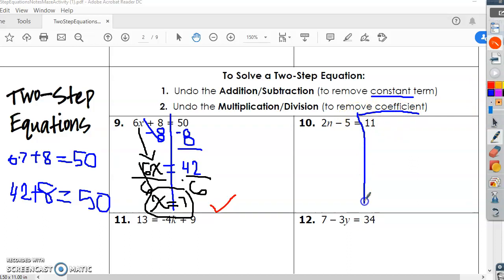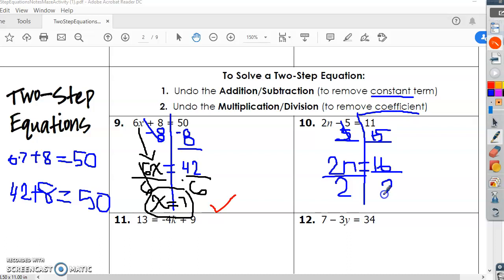All right, number 10. Divide my equation. Plus 5, and gone. 11 plus 5 is 16, and by now I know that my answer is 8. But some of us might not, so we're going to have to divide by 2.